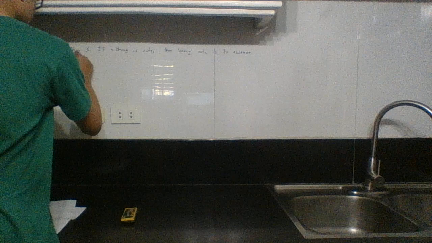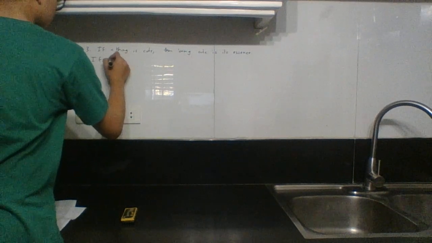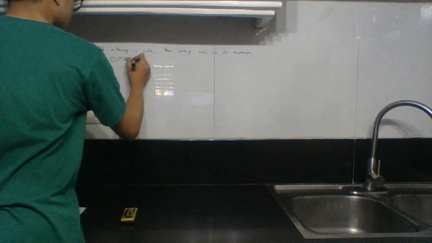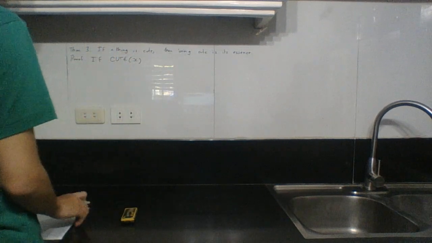All right, so let's do that again. Proof: if cute of x. When we say cute of x, we're saying that the object or entity x is cute.